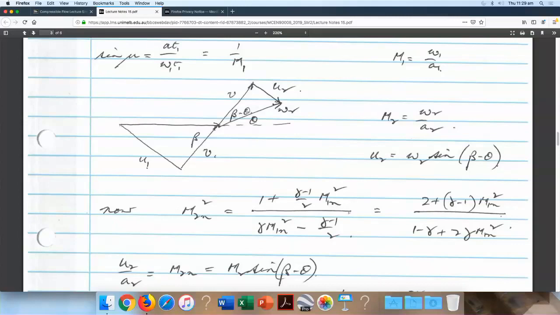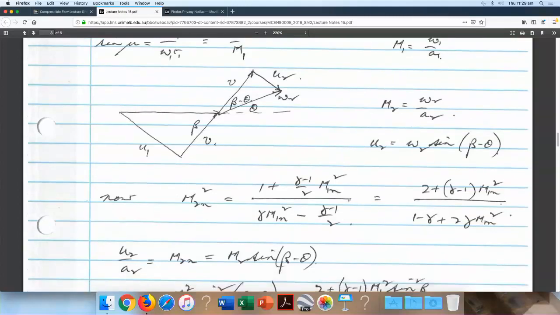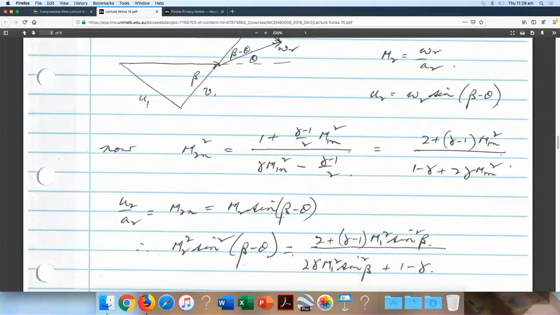So now I can use that to find this theta and beta. So let's see how I'm going to do it. M2n squared is M2 squared sine squared of beta minus theta. So that I have that. And on the right-hand side, I have 2 plus gamma minus 1, M1 squared sine squared beta, over 2 gamma M1 squared sine squared beta plus 1 minus gamma.